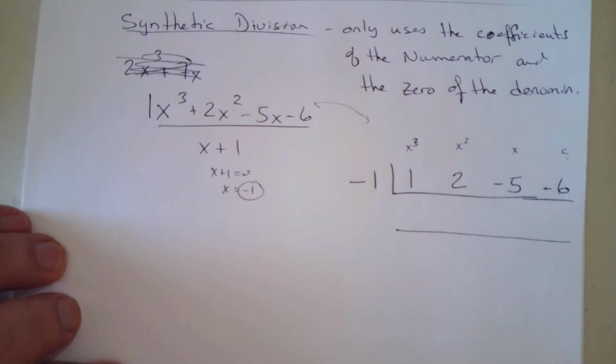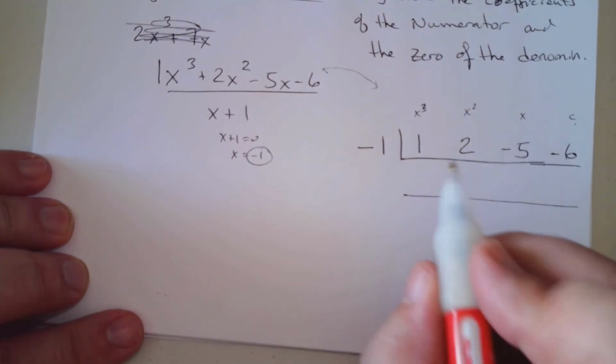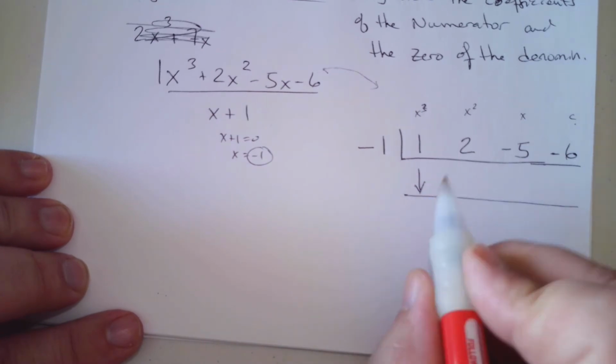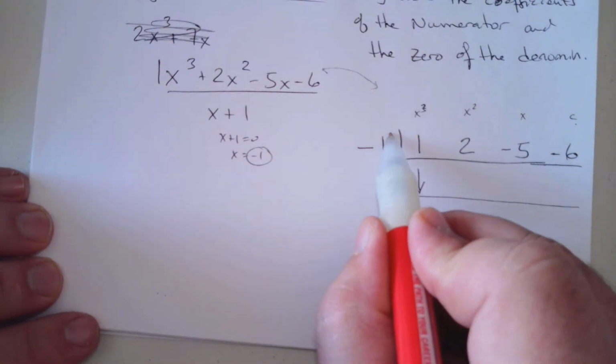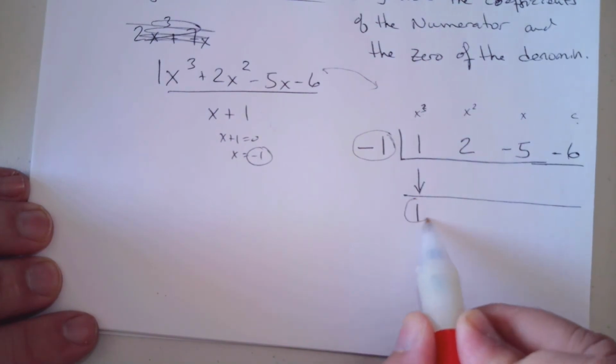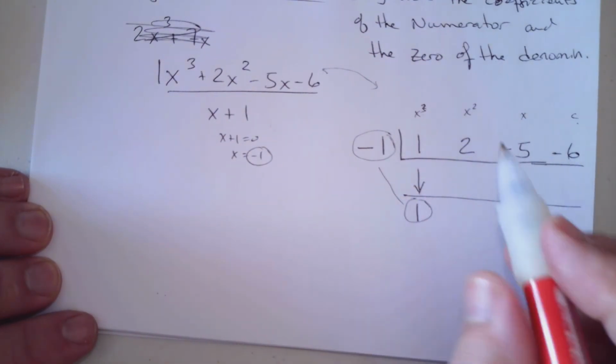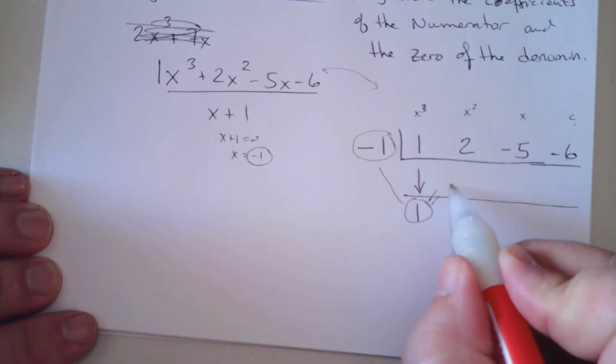All right. In synthetic division, first step, bring down the first term. That's the first step. Now, multiply this times this and put it there.